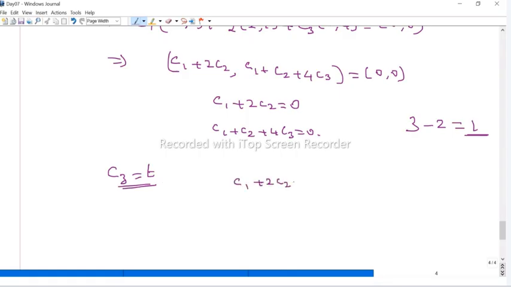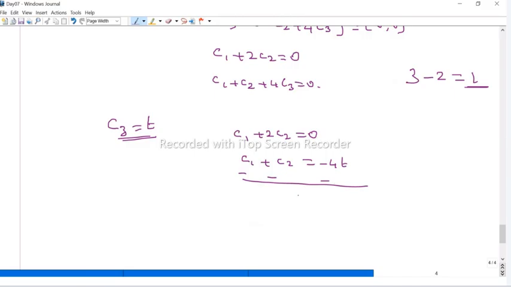Now what you will get? C1 plus 2C2 equal to 0 from the first equation. From the second, C1 plus C2 equal to minus 4t. Now just subtract these two equations. C1 cancels, right? So 2C2 minus C2 is C2 equal to 4t.